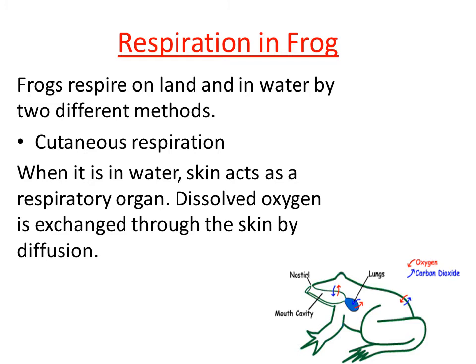Molecules move from a higher concentration region to a lower concentration region. Obviously the dissolved oxygen is present in higher concentration in the water. So through the body surface, that means through the skin, the frog takes oxygen to the inner region of its body. This kind of respiration is called cutaneous respiration.